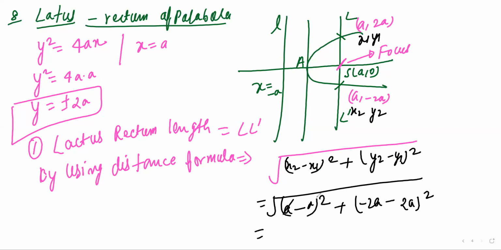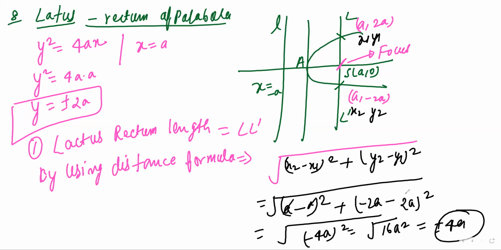So this will get cancelled. So under root of minus 2a, so it will be minus 4a whole square. So under root of 16a square. So outside will be plus minus 4a. So the length of the latus rectum is 4a. So right up to this point, then we will study the parametric equation of the parabola.